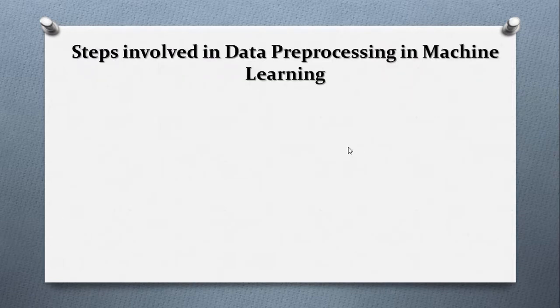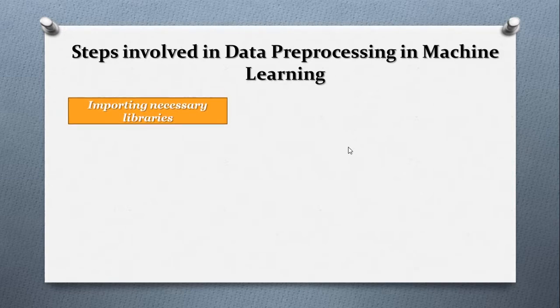Now data pre-processing undergoes a series of steps which we will be discussing very soon. Let's have a look at these steps one by one. The first step is to import the necessary libraries. In order to perform data pre-processing, we need to import certain libraries. For example, the NumPy library, the Pandas library, the Matplotlib library, and the scikit library.